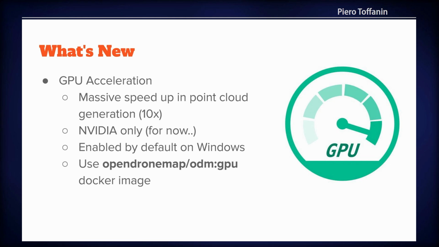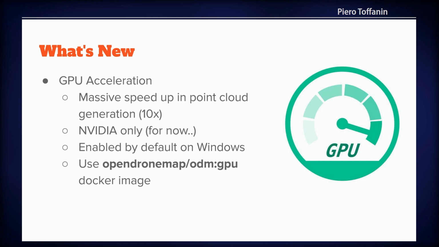We've also made major efforts to speed up the pipeline in general. So if you've tried OpenDroneMap, say 2 or 3 years ago, and you try it today, you will likely notice a big shortening of time in the processing. And one of the things that contributed to this massive acceleration has been the introduction of GPU acceleration. If you have an NVIDIA card, you can now use that to speed up several steps in the processing pipeline.